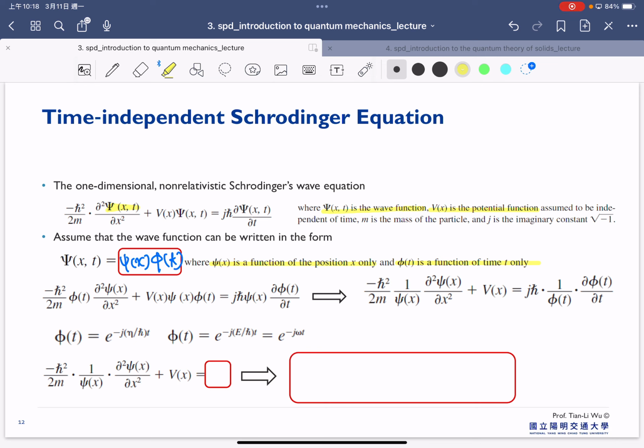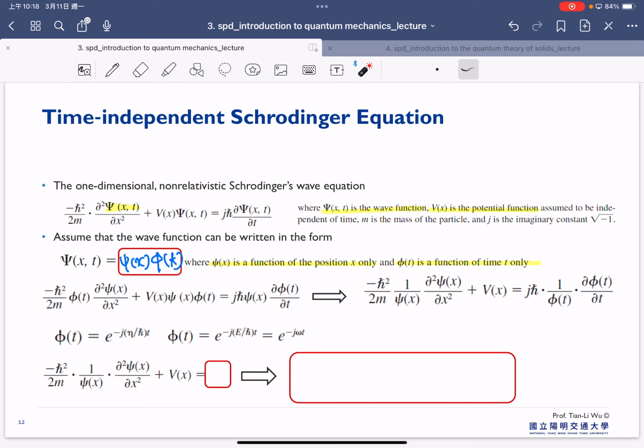I think that's something you learned as an undergraduate in the engineering mathematics course, the method we call the separation of variables method. So this is exactly what we use here.